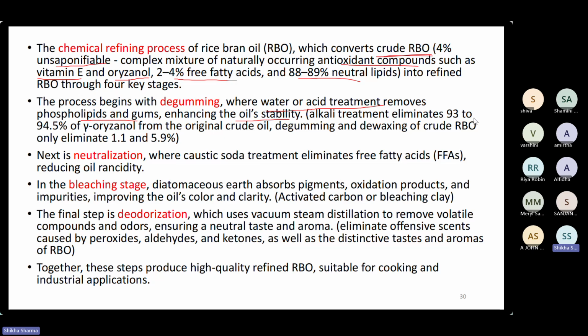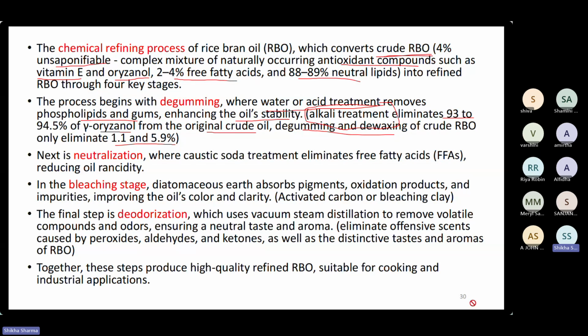Alkali treatment eliminates 93 to 94.5% of the oryzanol, gamma oryzanol, from the crude oil, whereas the degumming and dewaxing process only eliminates 1.1 and 5.9% of these compounds. So between acid or alkali treatment, alkali treatment is preferred, so that most of the degumming can be achieved effectively.